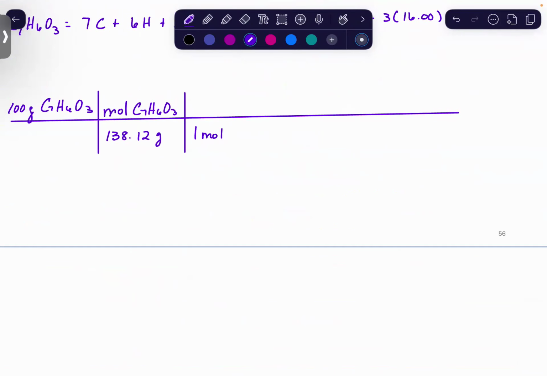I know it seems tedious, but I want to see you write this step down because technically you wouldn't have to mathematically because it's just 1/1. But I want to make sure that you understand the molar ratios from the chemical equations. So just get in the habit of writing that step down. And then I want to go to grams of acetic anhydride. And so I need to multiply by its molar mass.